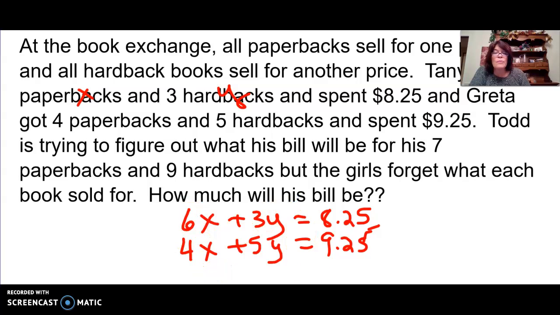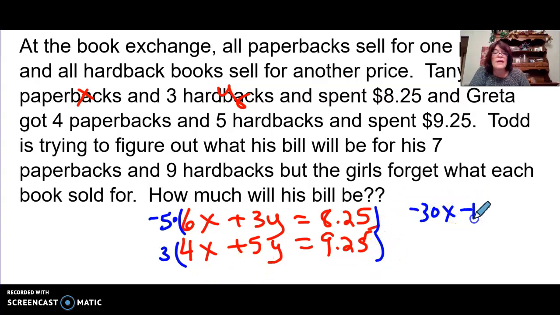I need one of these to disappear, right? So I think I'm going to get rid of the y's. You get rid of whatever you want. I'm going to get rid of y, so I am going to multiply the top by -5, and I'm going to multiply the bottom by +3, because that will make this -15y and +15y.